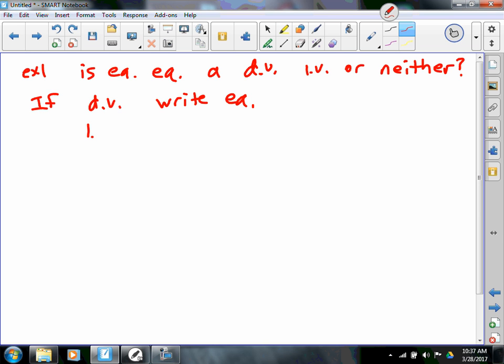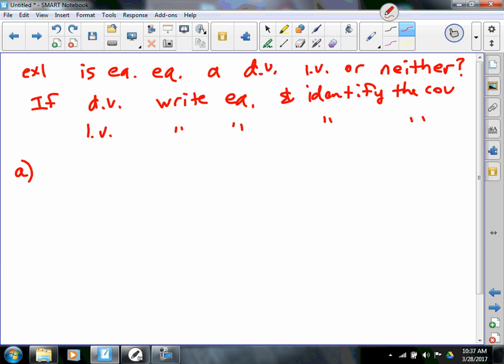If it's an inverse variation, write the equation. And identify the constant of variation, the k value, if you would.